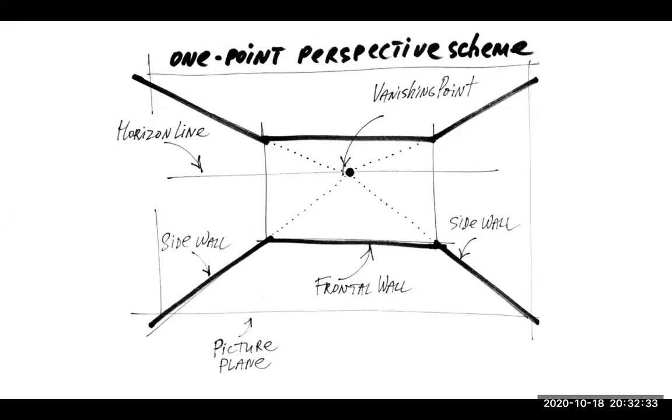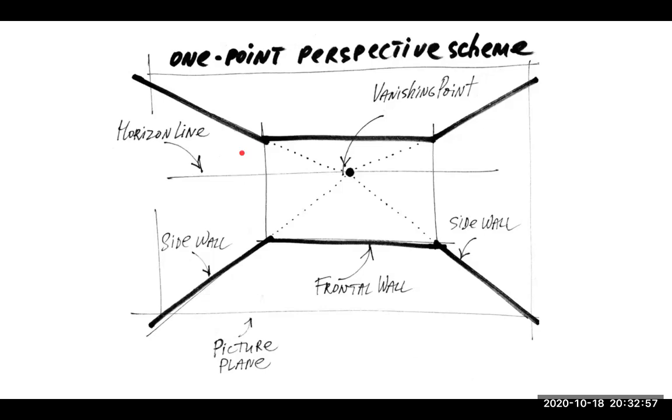This is going to be a part of your assignment. I just want you to be able to do these really quick thumbnails. So here is a 1-point perspective scheme. There's a horizon line. So us as a viewer, as we're standing looking at this, our head should be right here, where we're standing, we're looking at the vanishing point.